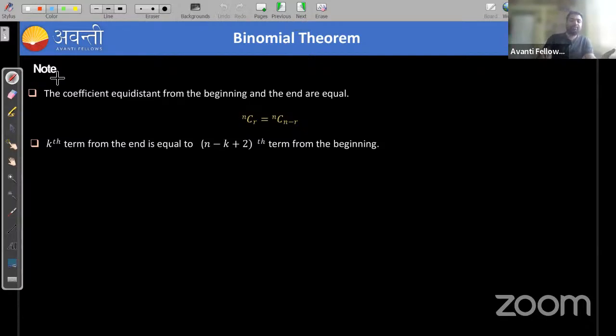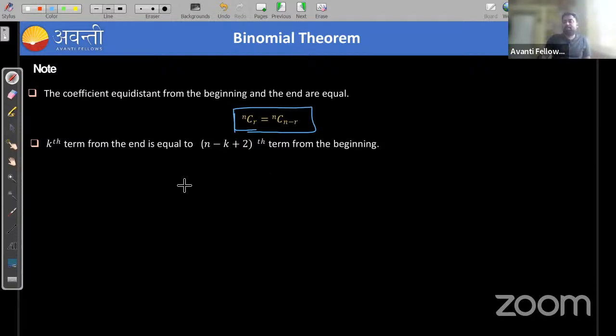Suppose if I take the rth term from the beginning, it will be equal to the (n minus r)th term from the end. So nCr is equal to nC(n minus r), and the last thing is that the kth term from the end is equal to the (n minus k plus 2)th term from the beginning.